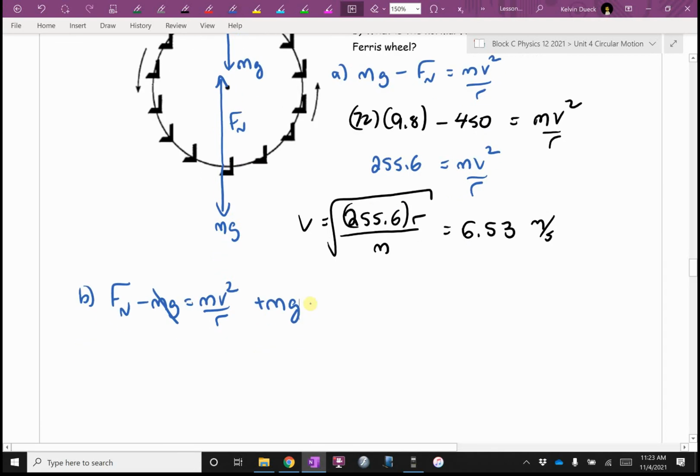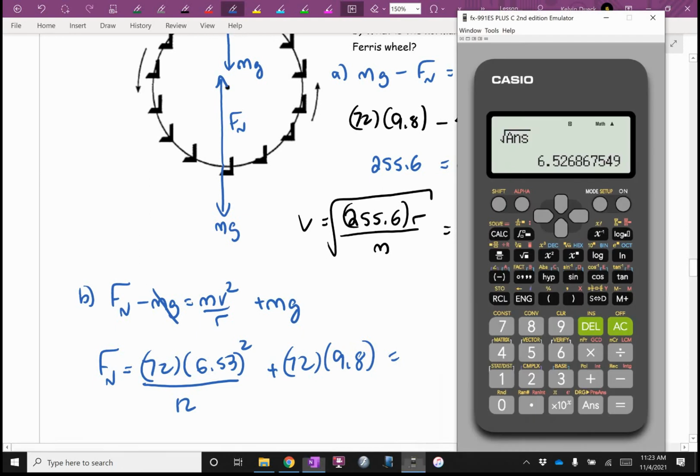It's going to be m, 72, v, I'm going to write 6.53 squared, but you know I'm using my answer button, right? All over, what was r? 12? Plus 72 times 9.8. 72 times answer button squared divided by 12 plus 72 times 9.8.